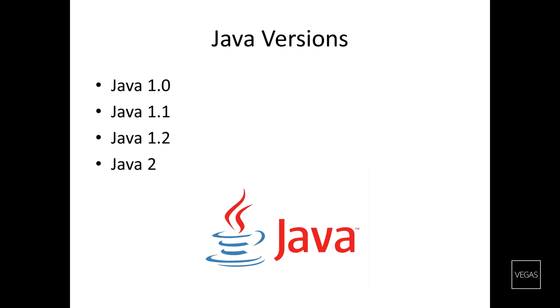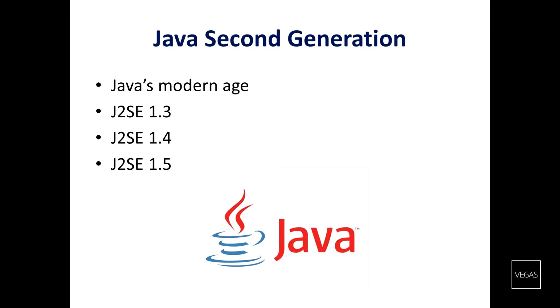The creation of Java 2 was a watershed event, marking the beginning of Java's modern age. The first release of Java 2 carried the version number 1.2. It may seem odd that the first release of Java 2 used the 1.2 version number.